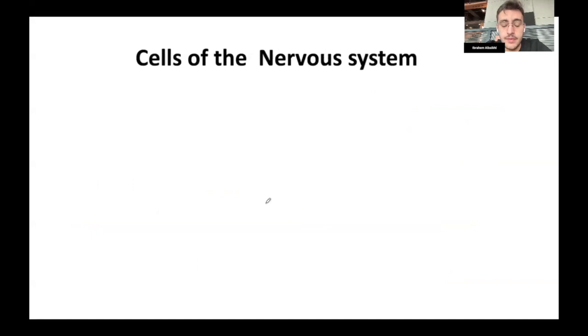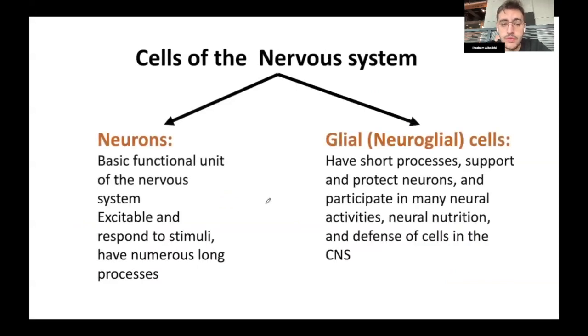Okay, and this nervous system is made of two different categories of cells, the neurons and your glial cells. Your neurons are the first thing you usually think of when you think about the nervous system, and they're responsible for carrying stimuli or action potential throughout the nervous system. And then you have your supporting cells, or these are called glial cells, and these help the neurons do their function.